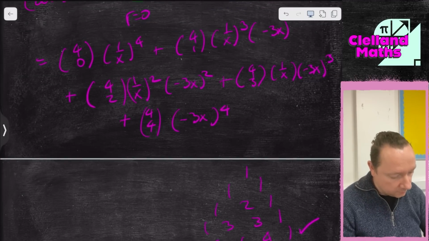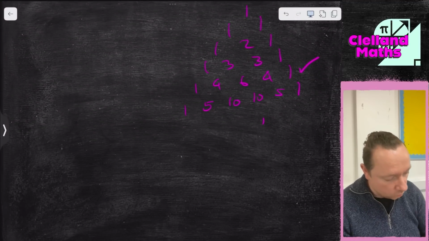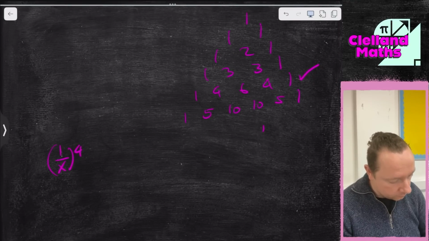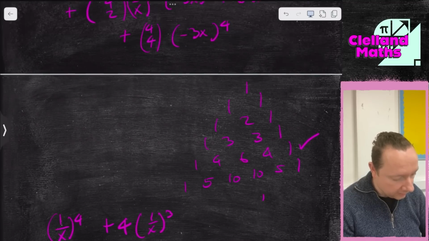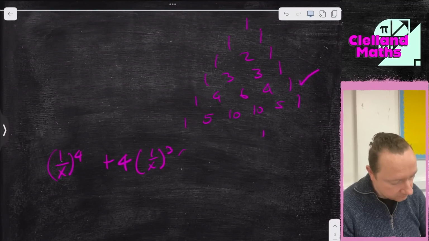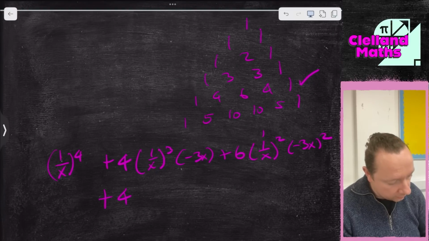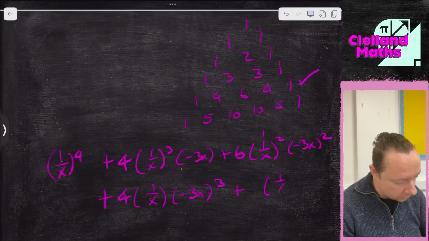So it's 1 times 1 over x to the 4, plus 4, 1 over x cubed, and then it's minus 3x, and then 6, 1 over x squared minus 3x squared, 4, 1 over x minus 3x cubed, plus 1 over x. Well, that's gone actually, so no 1 over x, minus 3x to the 4.